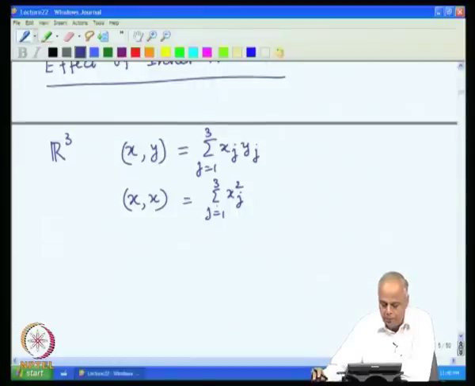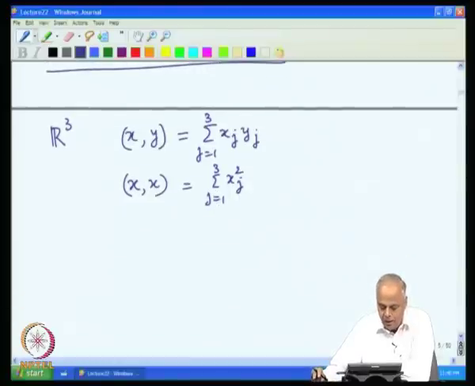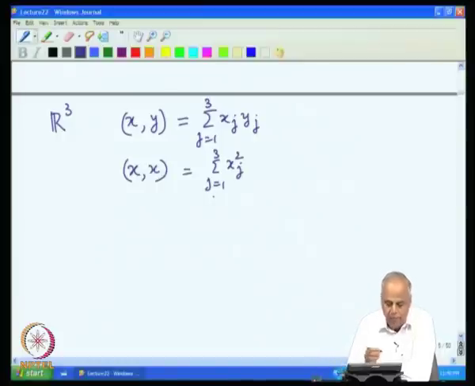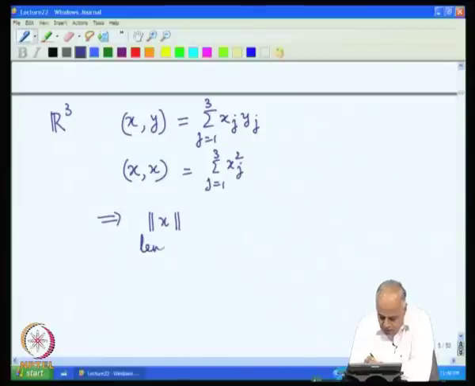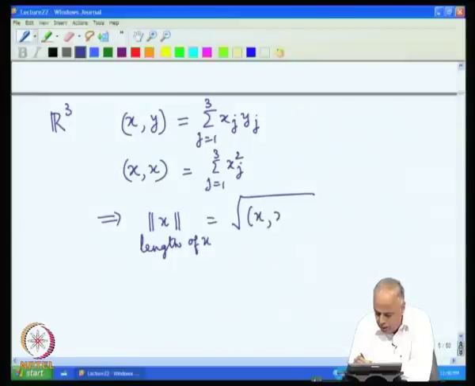So, the square of the Euclidean length, which we normally define as the length, that is the distance from the origin to the point x_1, x_2, x_3. And therefore, the length, which we will now denote by this, the length of x, is the square root of the inner product of x with x.